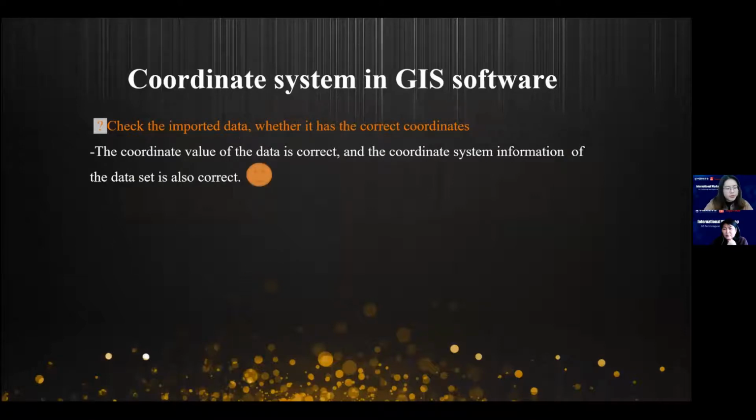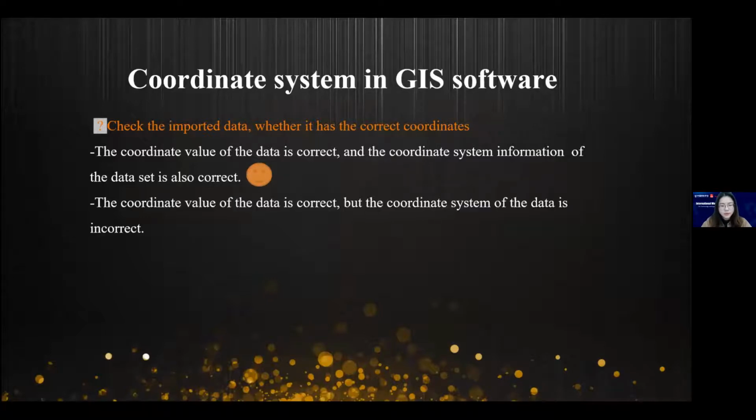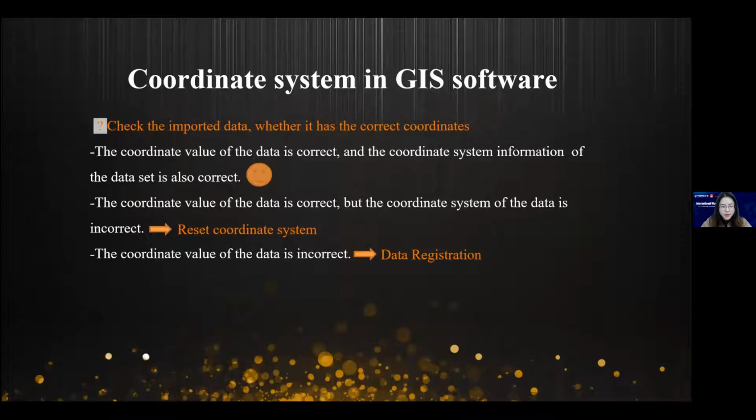So pay attention to question number 3. What do I need to do if the coordinate value of the data is incorrect? I will give you the right answer here. If the coordinate value of the data is correct and the coordinate system information of the data set is also correct, that means our data is good.